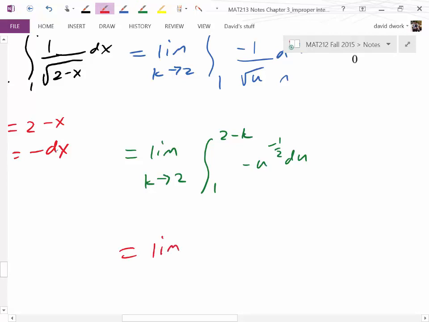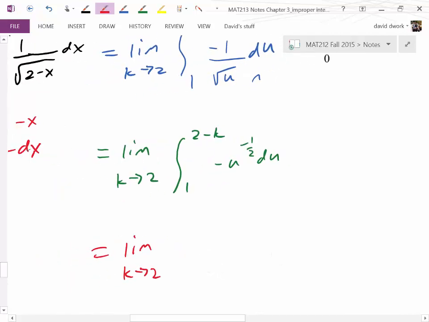The limit as k approaches 2. And I'm going to add 1 to my exponent, which would give me u to the 1/2, well, negative and negative from up front follows along. So it gives me u to the positive 1/2 divided by 1/2, which is the same thing as just multiplying by 2. And for my bounds of integration, I have 1 to 2 minus k.